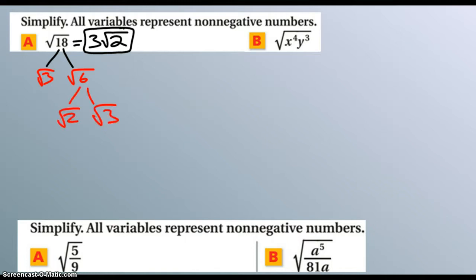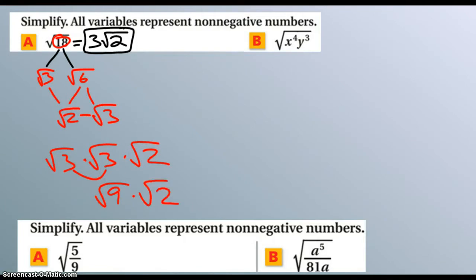And what this turns into, if I did a long chain, would be the square root of 3 times the square root of 3 times the square root of 2. Because if I multiplied all those numbers together, 3 times 3 I get 9, times 2 brings me back to 18. So we just split this up. But if you take the 3 times 3, you get 9. And we know the square root of 9 is 3. And we still get the same answer that we got before.